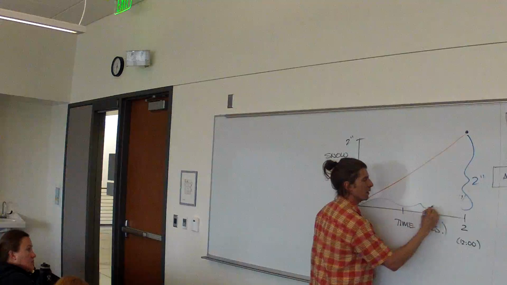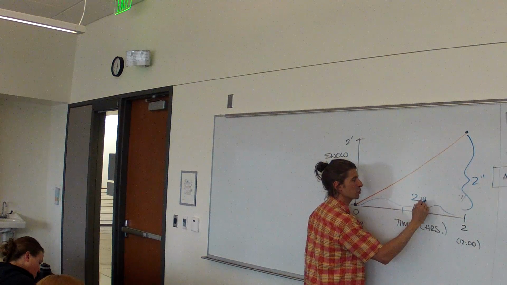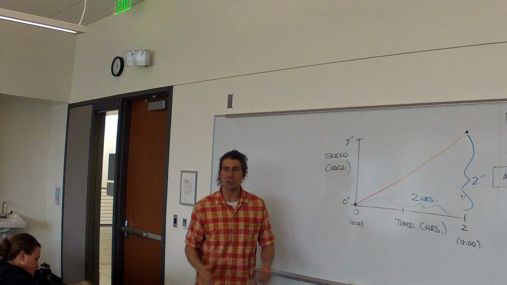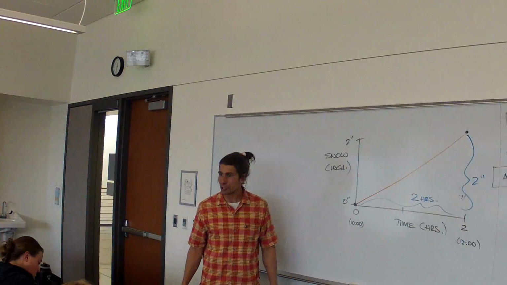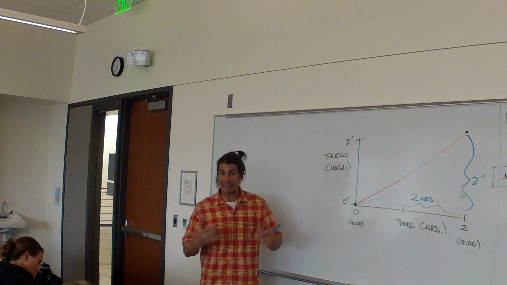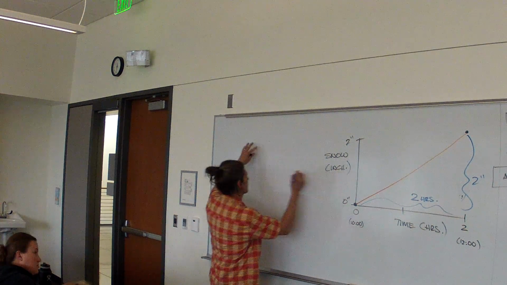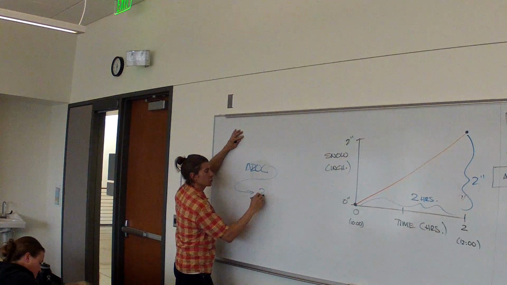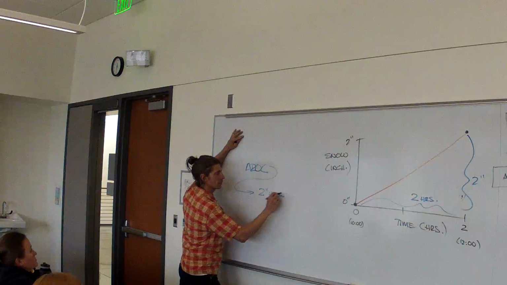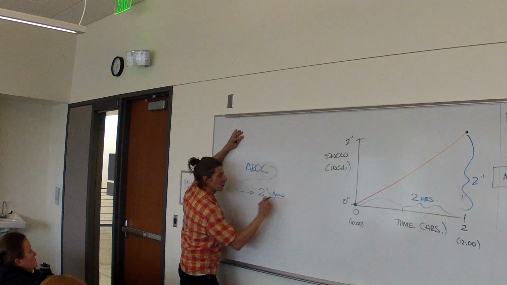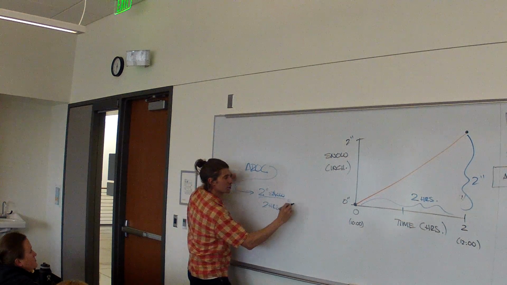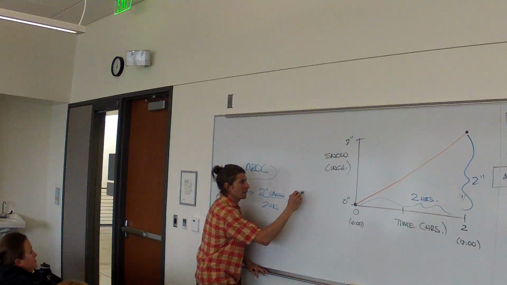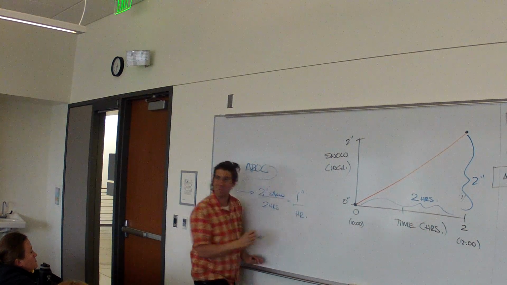The run on that perfect fit line is 2 hours, which means the average rate of change for the snowfall that day is 2 inches of snow, not show, snow, for 2 hours, which averages to 1 inch per hour.